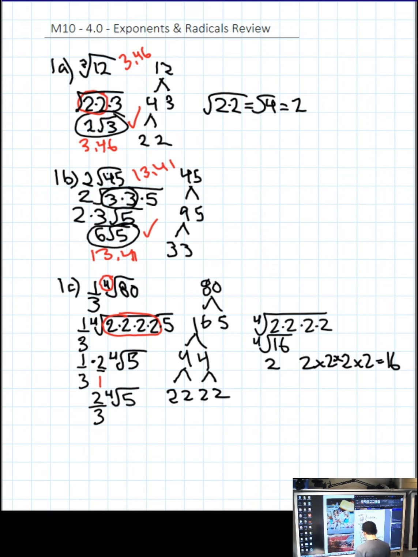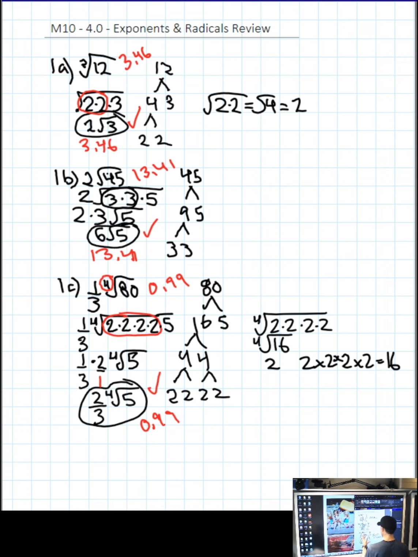Then we can circle our answer and check our answer on our calculator. 1/3 the 4th root of 80 is simply 0.99, and 2/3 times the 4th root of 5 is also 0.99, so we know we've done it correctly.